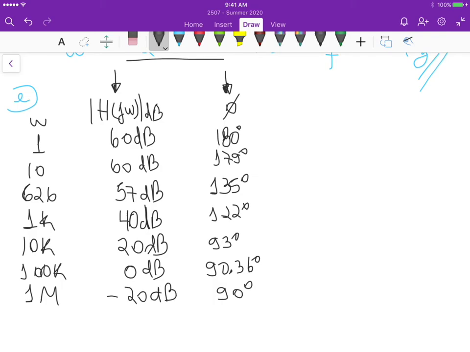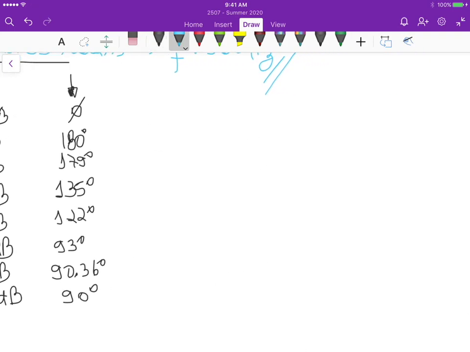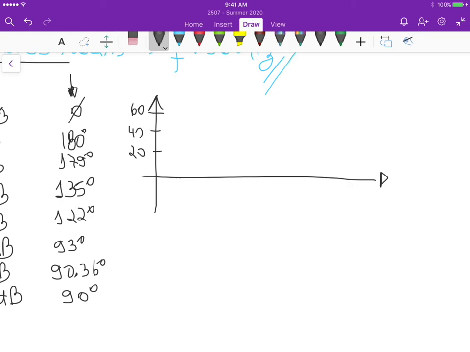Okay, so if we take these values and plot them in the Bode plot, we can draw the Bode plot here. So this is 60, then we have 40, then we have 20, and here minus 20. So here's the magnitude in dB.